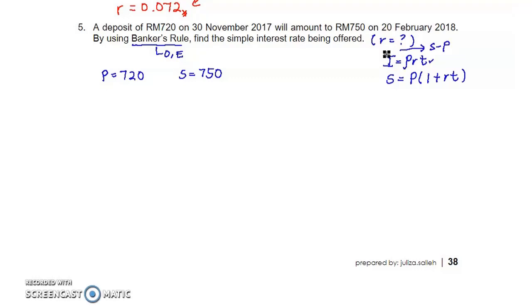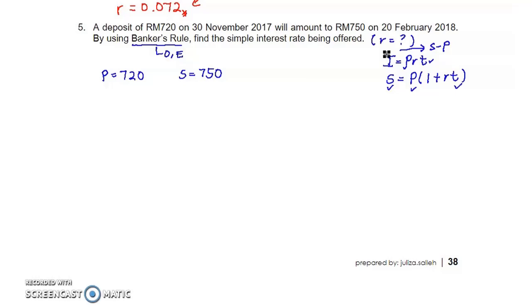Okay, how to find T? We need to find number of days between 30th November to 20th February 2018. Then we can find value T. Okay, second formula also definitely can be used, because we have value S, value P, and value T.